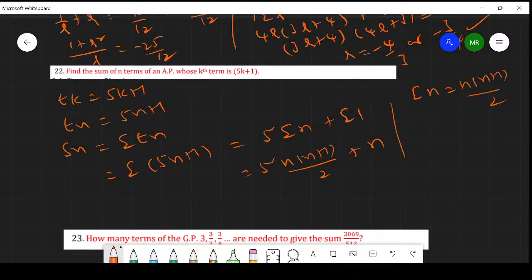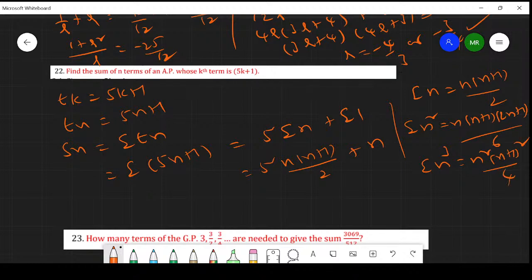I will tell you all this. Sigma n square is n into (n plus 1) into (2n plus 1) by 6. Sigma n cube is n square into (n plus 1) whole square by 4. Remember these values; they are required to find the sum of n terms.